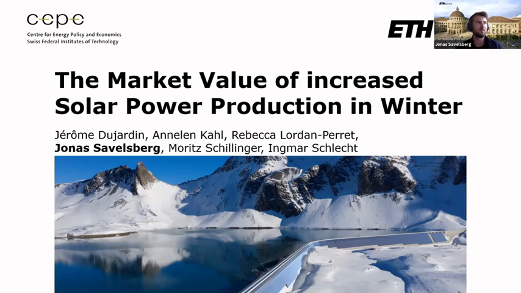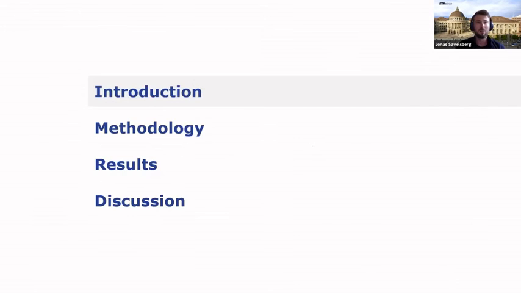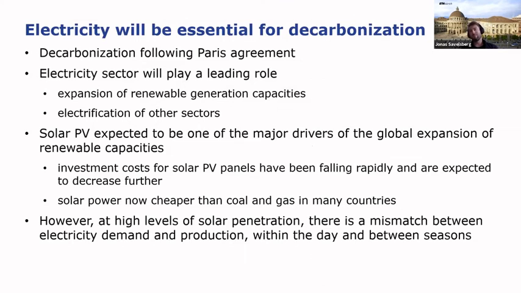As Santiago said, the title of the presentation is "The Market Value of Increased Solar Power Production in Winter." And the picture you see on the slide is already a bit of a teaser of what I will be talking about. So, moving right into the introduction, we've heard quite a lot about this in this session, but just to briefly wrap up, electricity will be really essential for decarbonization of the future energy system.